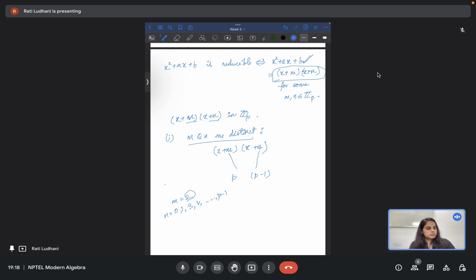Just ignore 2, because we said these are distinct. So these are all the options, p times p minus 1.